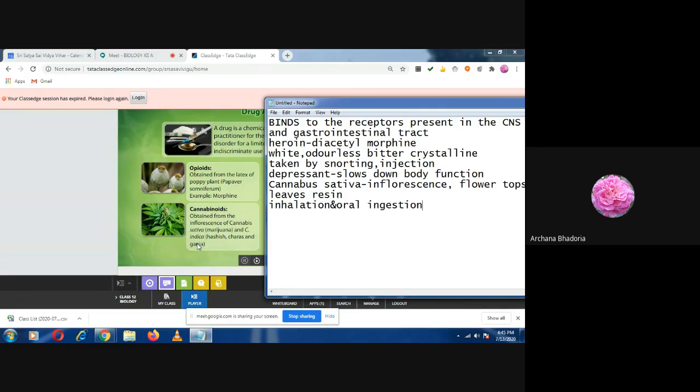How many students have understood this much? And it affects the cardiovascular system.